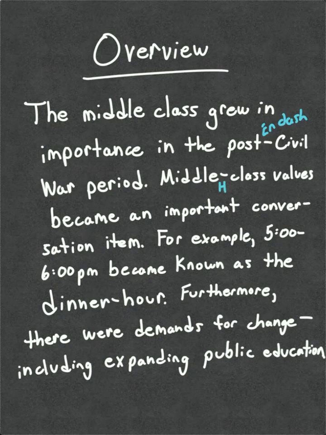So there's our hyphen, became an important conversation item. There's a hyphen there. For example, 5 to 6 became known as the dinner hour. En dash. Furthermore, there were demands for change, including expanding public education. So I'm trying to create an emphasis there at the end.